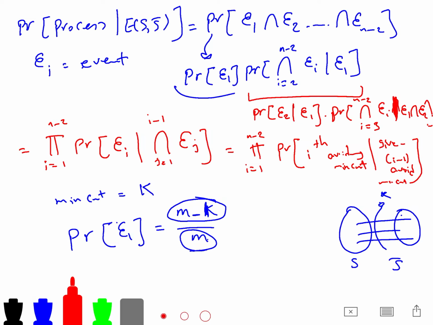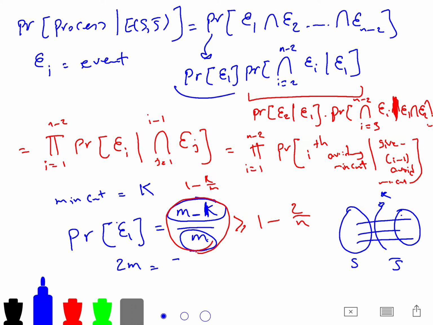But I want to show you that this is greater than 1 minus 2 over n. This is already 1 minus k over m. So I just want to use the fact that two times the number of edges is the sum of degrees of v over all vertices.